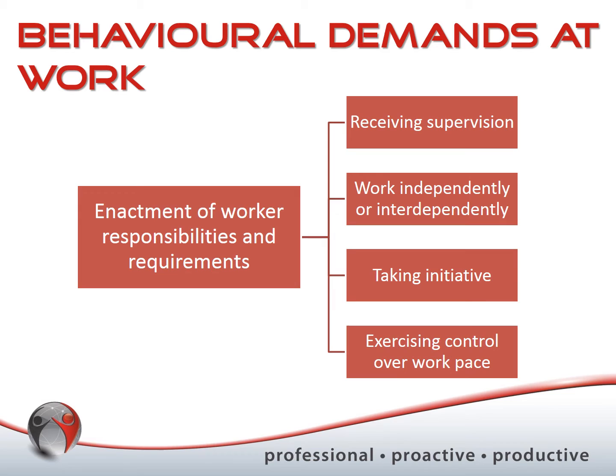If they aren't completely individually able to work on their own, they need to be able to receive supervision from someone, which includes understanding instructions, processing that information, and executing those instructions. They may need to work independently. They might also need to work interdependently, right? That might be an element. They work with several people in a group, and the more complex that work unit is, the harder this might be for some folks, right?